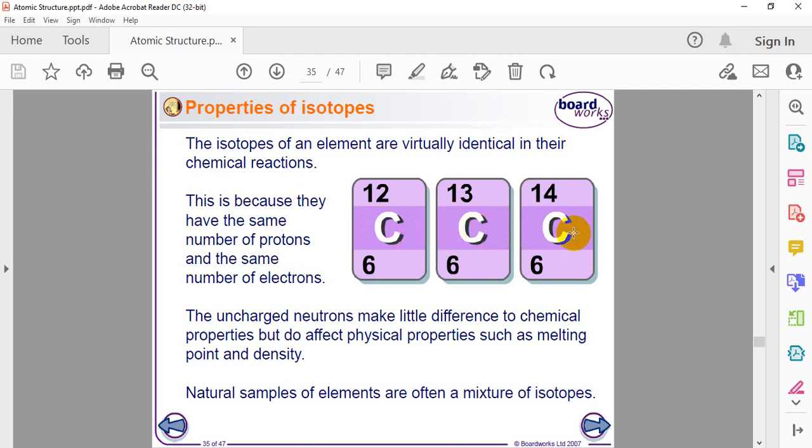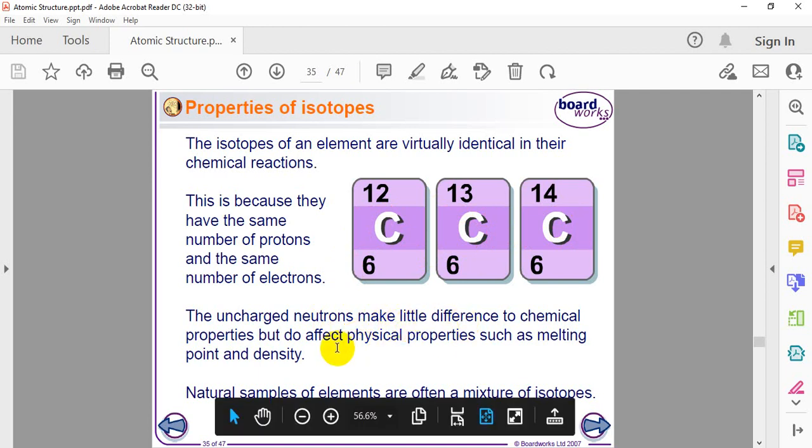If it's chemically, then it's the electrons that are supposed to be affected. So in a nutshell, the uncharged neutrons make little difference to chemical properties, but their physical properties are affected, such as melting and density.